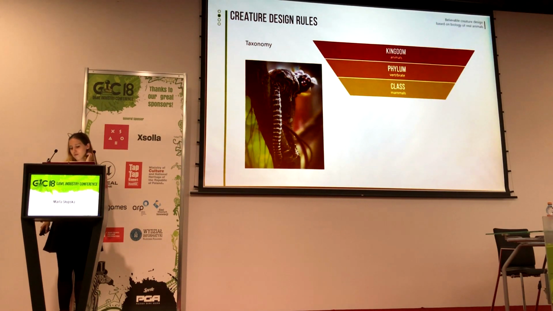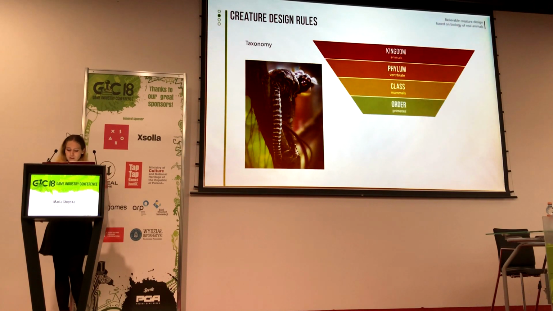Another group is a class. The most popular classes in vertebrates are mammals, birds, fish, amphibians, and reptiles, and you probably heard of them in school. And for invertebrates there are crustaceans, insects, and arachnids. And for this marmoset it is of course mammals. Another group is order.